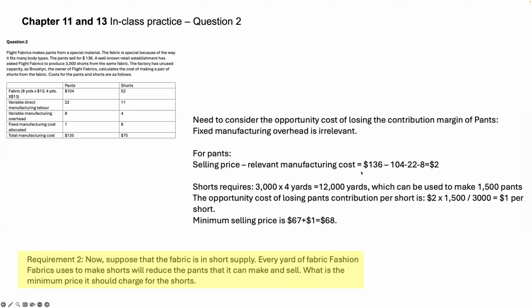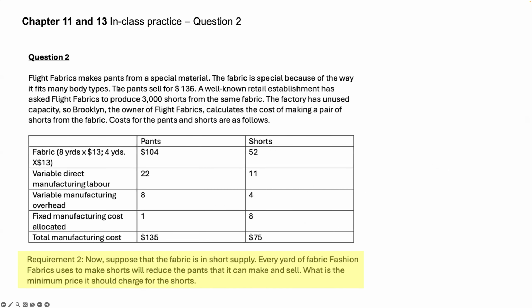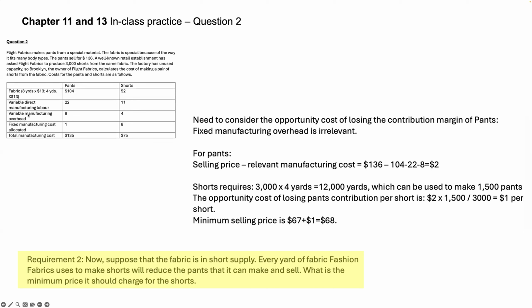Okay, so now we need to produce 3,000 shorts. How much material, how many yards of fabric, are we going to need? We learned from this table that each short is going to require 4 yards of fabric.